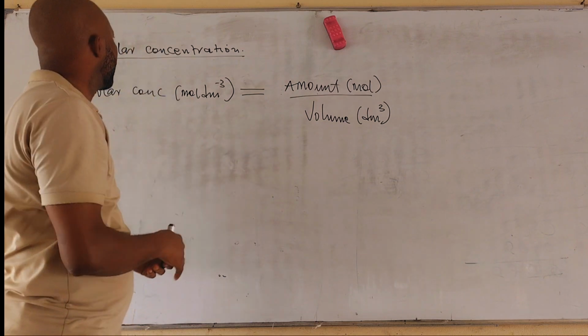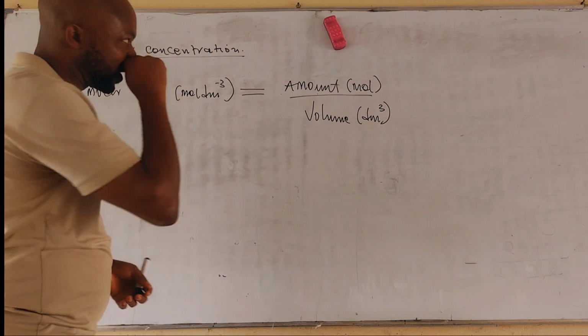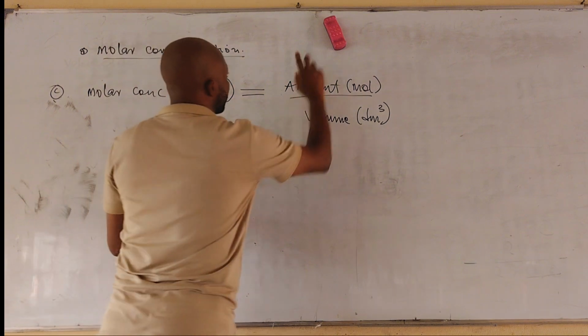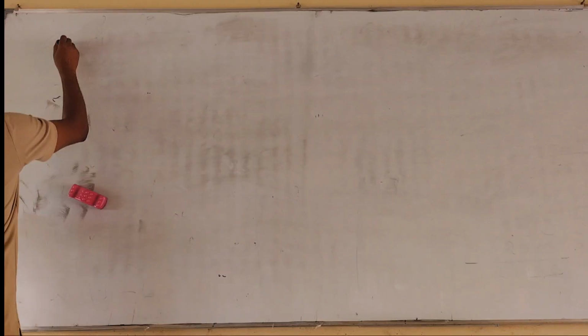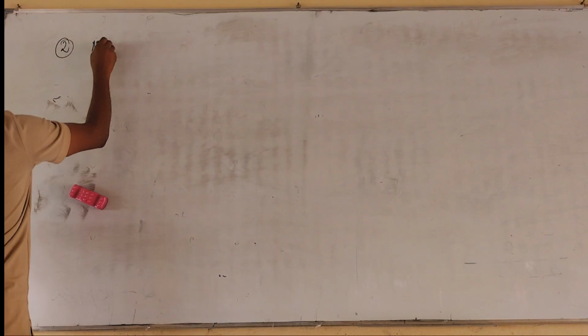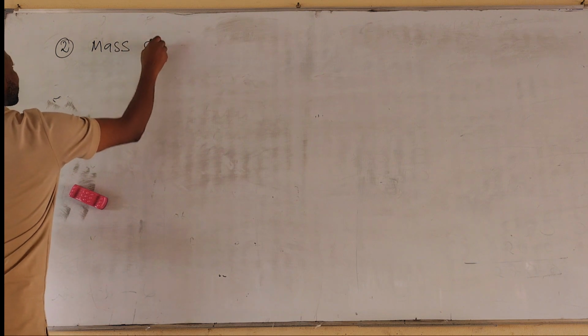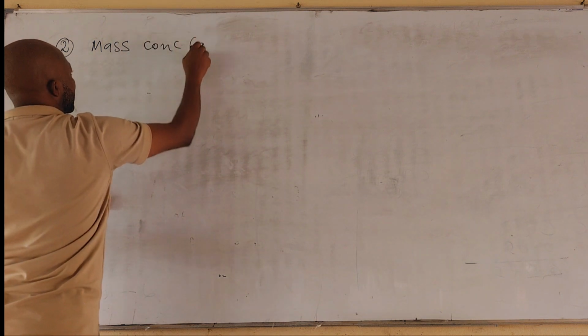So let's look at mass concentration. What are the formulas that we can use? This is mass concentration in g/dm³.